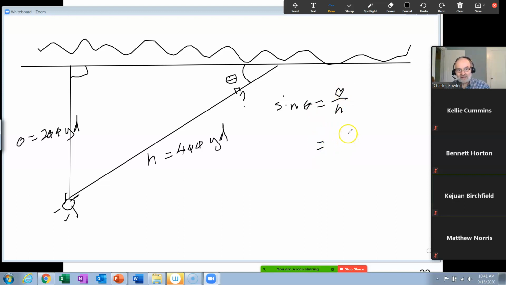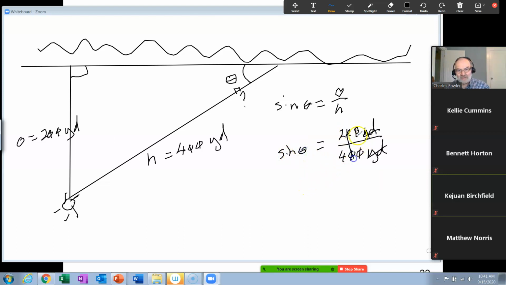Well, the opposite side was 200 yards. I'm going to keep the units there because a lot of times units are your friends. Over 400 yards. See, if one of these had been measured in feet or meters or something else, you'd say, hey, you can't do that until you get the same units, because the units need to cancel out, and they did. So that gives you the sine of theta is equal to that.